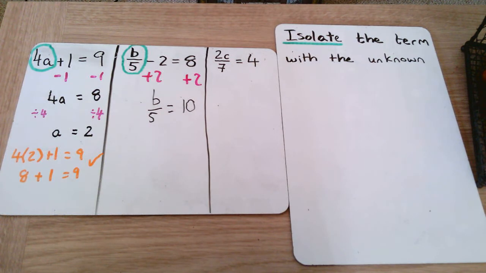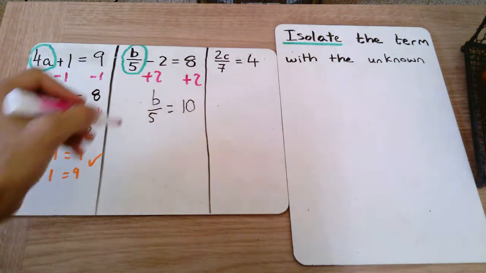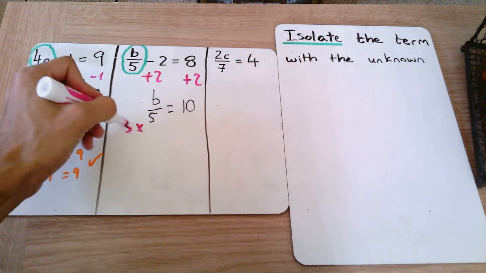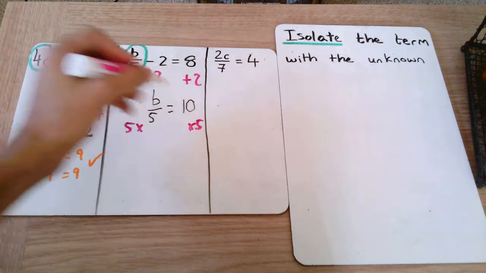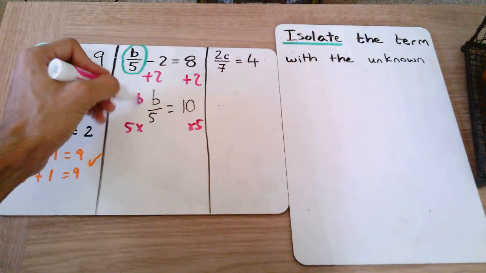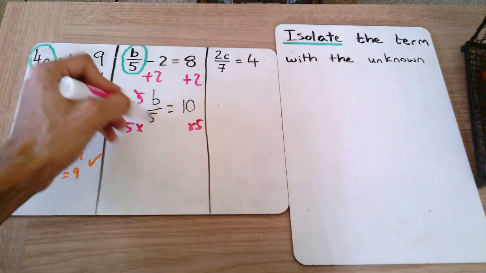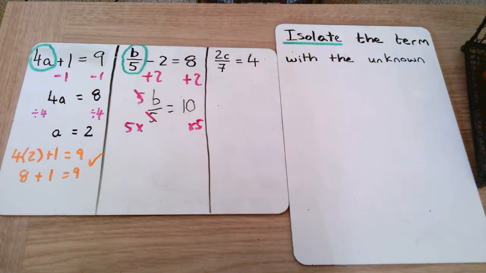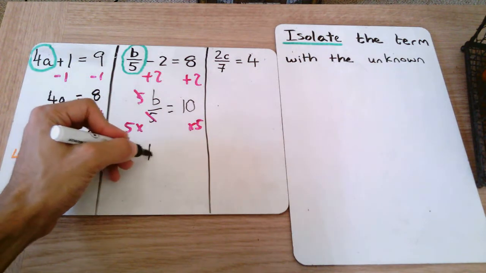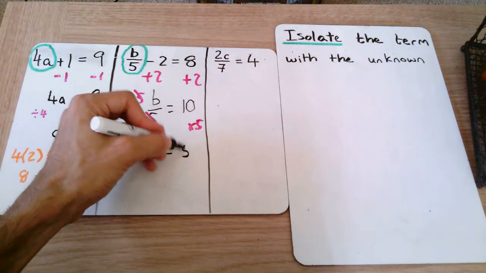The inverse of dividing by 5 is times by 5. If I times by 5 and times by 5, I would get 5b over 5, and that would cancel out that 5 over there. But that gives us b is equal to 50.